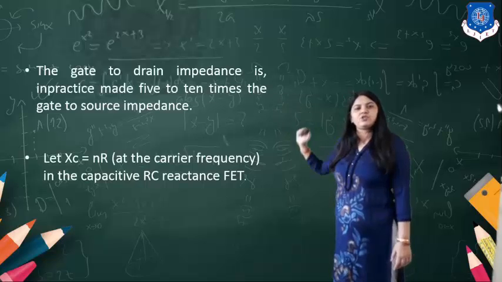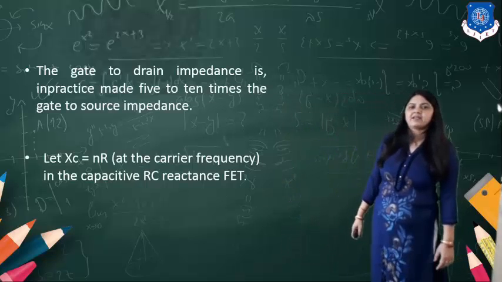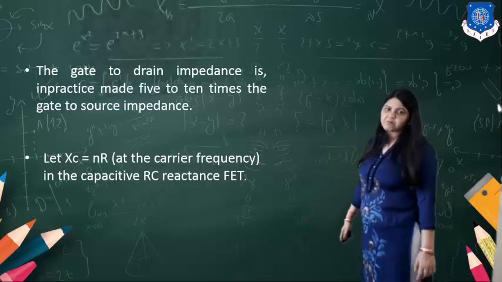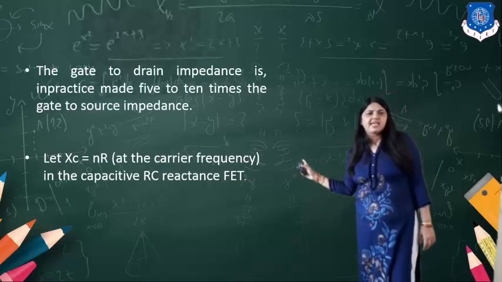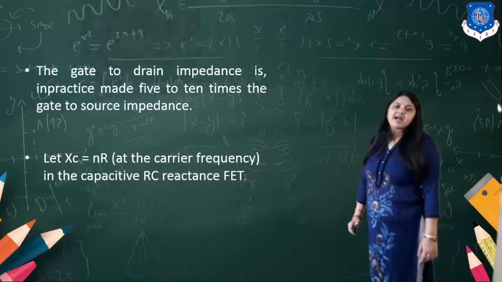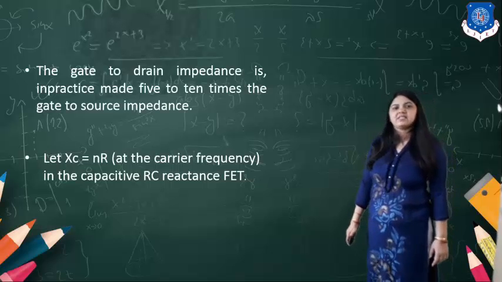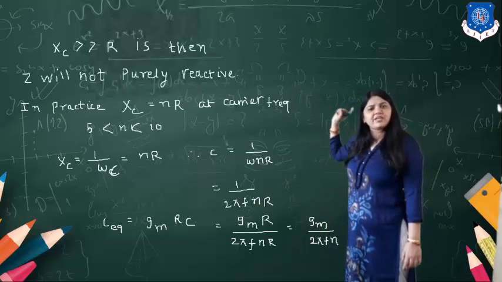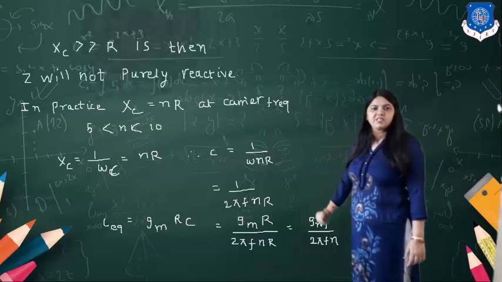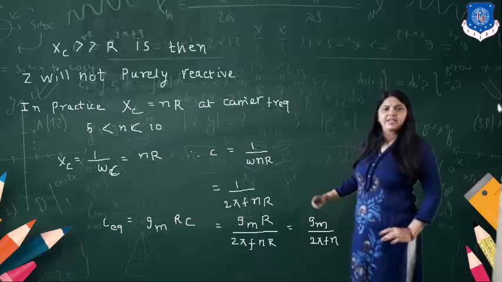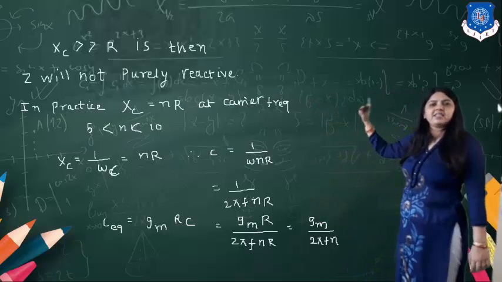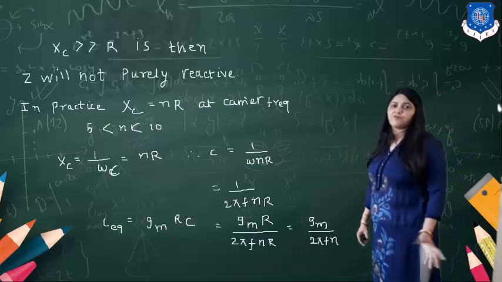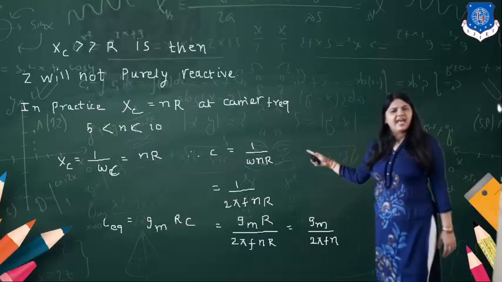The gate-to-drain impedance is in practice made 5 to 10 times the gate-to-source impedance. Suppose we take XC equal to N R at the carrier frequency. If XC is much greater than R, Z will be purely reactive, and in practice XC is equal to N into R at the carrier frequency, where N is between 5 and 10.